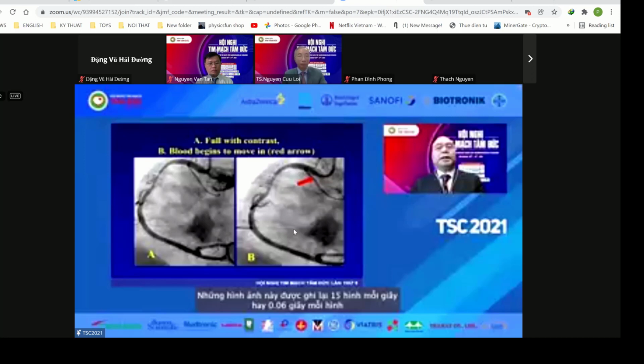Now, number three, we see that there is a lesion at the ostium of the circumflex and the outer curve. The mechanism is separation, recirculation, and turbulence.